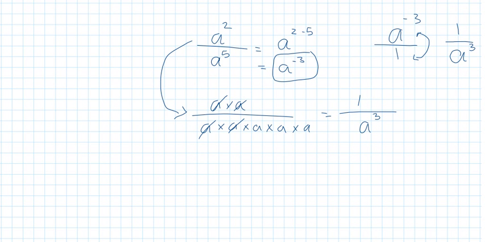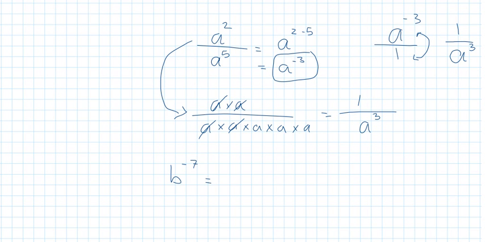Okay? Let's look at an example here. If I have b to the power of negative 7, how can you write that as a positive exponent? 1 over b to the power of 7? You agree?